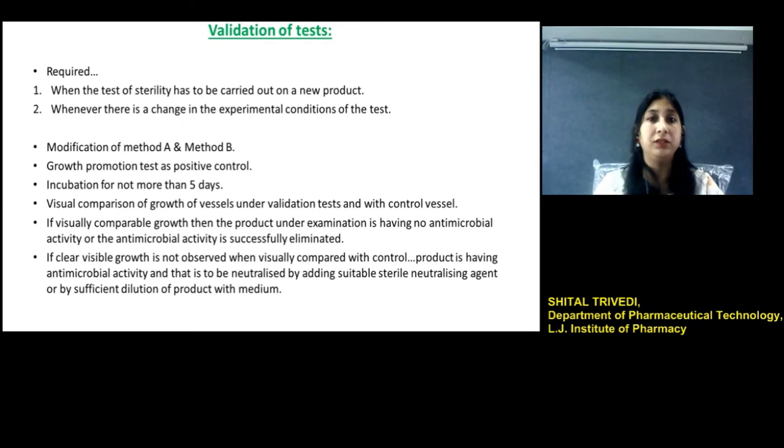If the visual growth is less than in the growth promotion test, then it indicates that the product has antimicrobial activity, and that can be neutralized by adding a sterile suitable neutralizing agent or by diluting the product with sterile diluting fluid or media.